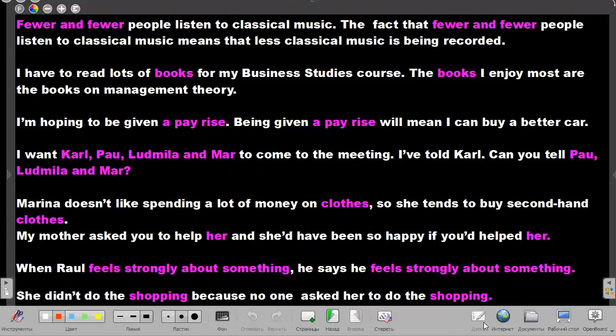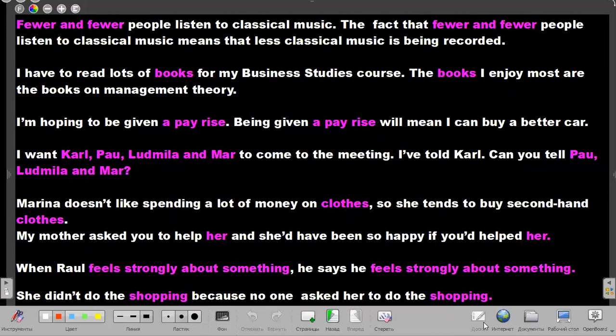Next sentence. I want Carl, Fu, Ludmila, and Mar to come to the meeting. I've told Carl. Can you tell Fu, Ludmila, and Mar? In this case, you should avoid repeating the names. Marina doesn't like spending a lot of money on clothes, so she tends to buy second-hand clothes. Avoid repeating the word clothes. Let's move on.